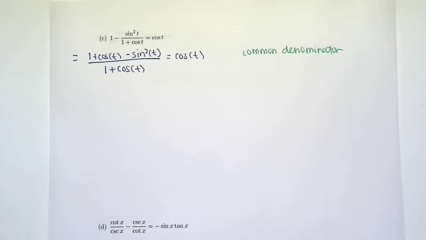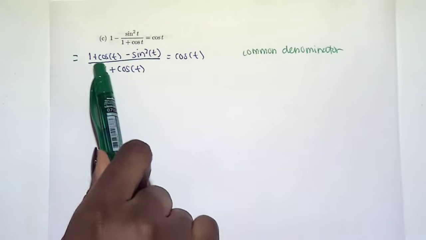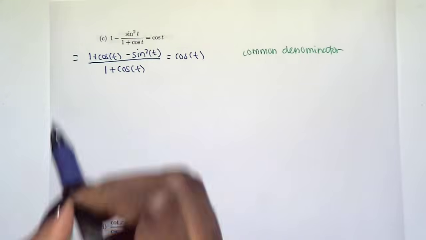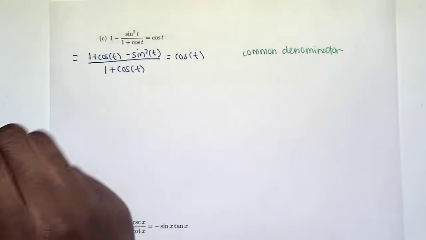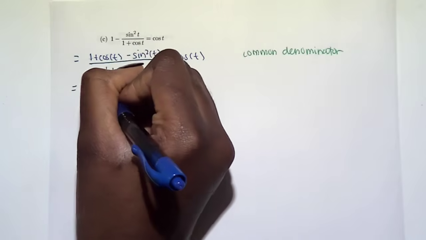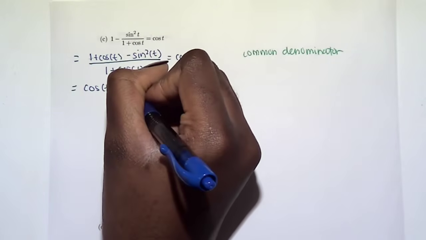Maybe something will stand out more to you if I reorder this. All right, so I'm just going to switch around this 1 and this cosine. And you'll see why I did it.